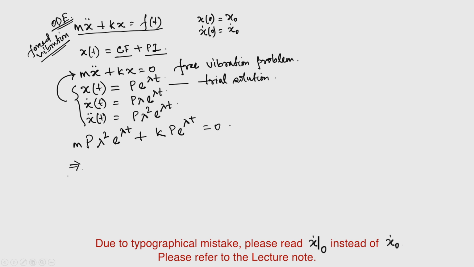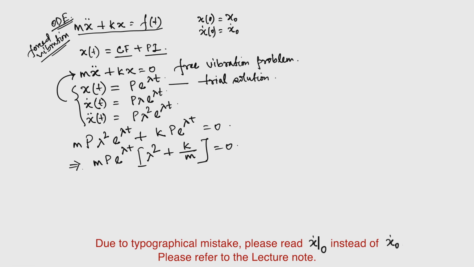Then we can further simplify. So, m times p times e to the power lambda t, then within bracket what we have here is lambda square plus k by m is equal to 0.